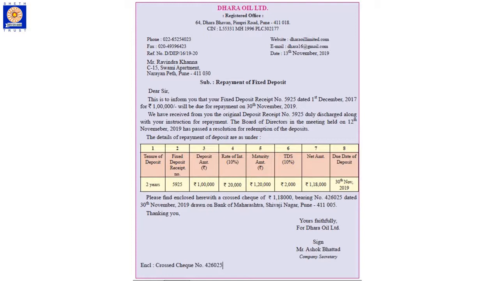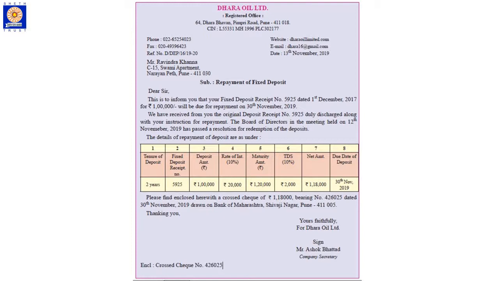Just for your knowledge, you can see the first line of the body. The issued date was 1st December 2017 and the due date is 30th November 2019, that is 24 months.